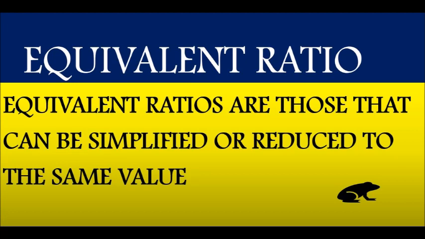I have another example and it can be 12 ratio 20. Now, do you think 12 and 20 come in the same table? Because since we are doing equivalent ratios, we need to simplify them. So the figure that I have here is 12 ratio 20.